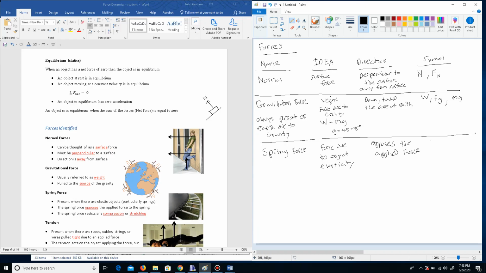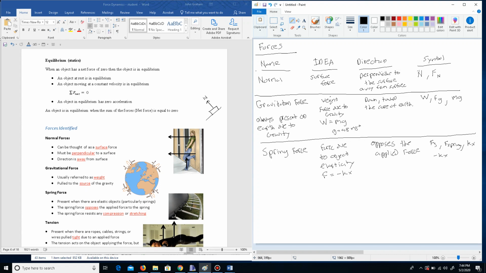A lot of times you'll see this as Fs or maybe even F spring, especially if friction's involved, because sometimes you'll see friction with an s too. I'll explain that later. Or you may just see it as kx or negative kx, which deals with its equation as F equals negative kx.